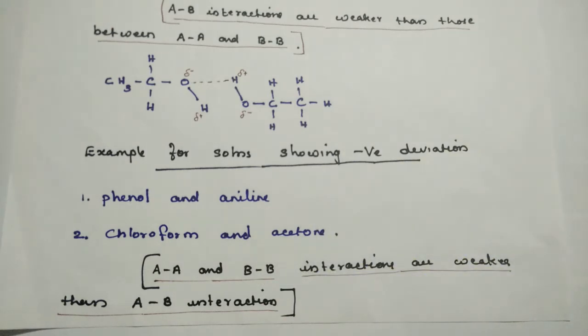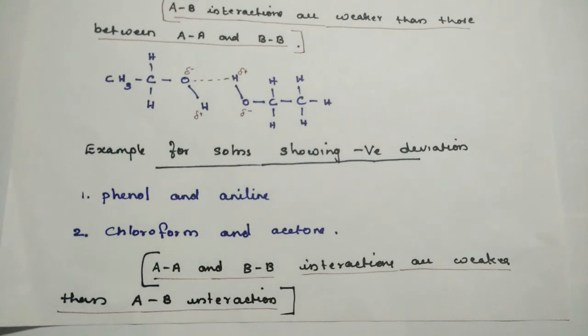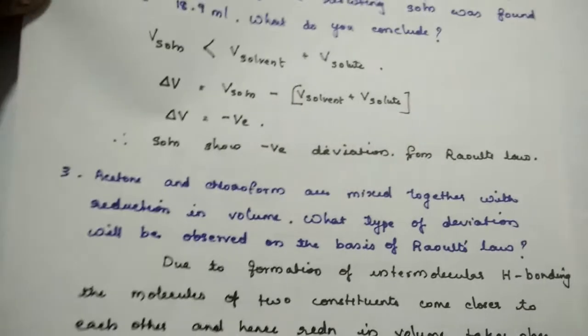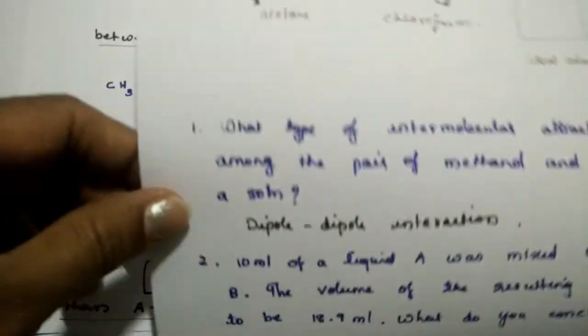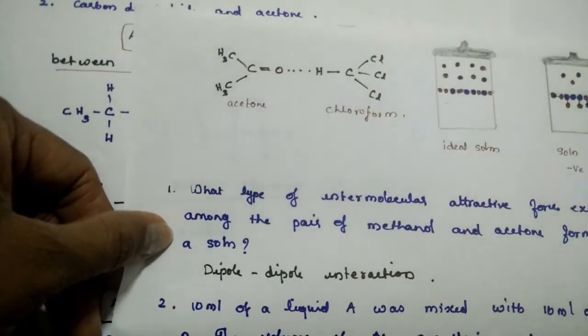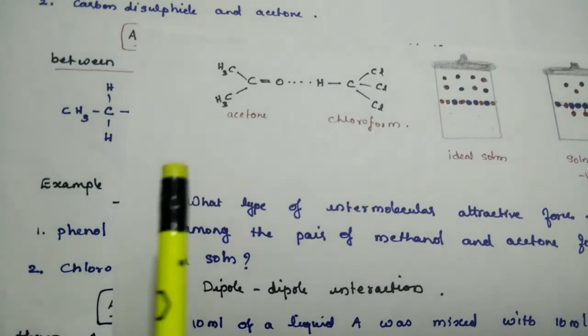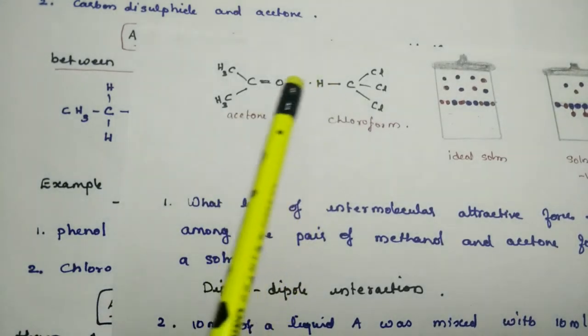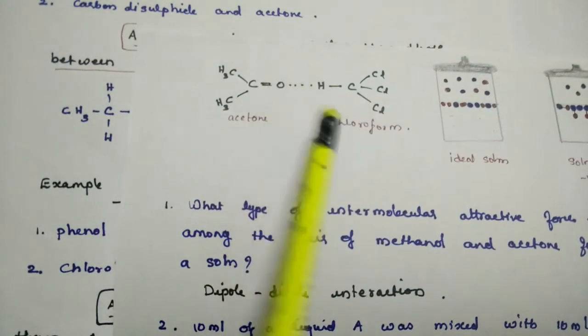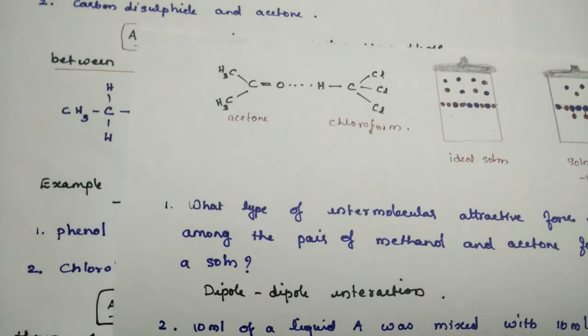When chloroform and acetone combine together, they have intermolecular hydrogen bonding. So the vaporization is lesser, the vapor pressure will be lower, and it shows negative deviation.